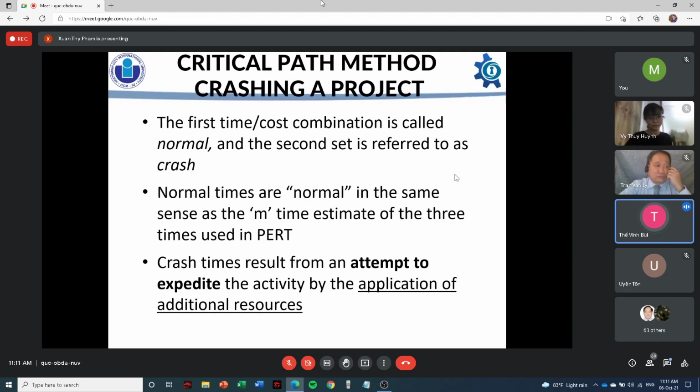Rush time results from an attempt to expedite the activity by the application of additional resources.